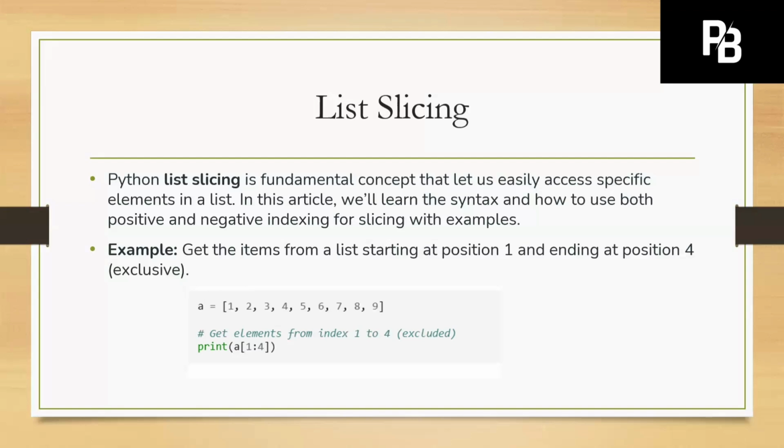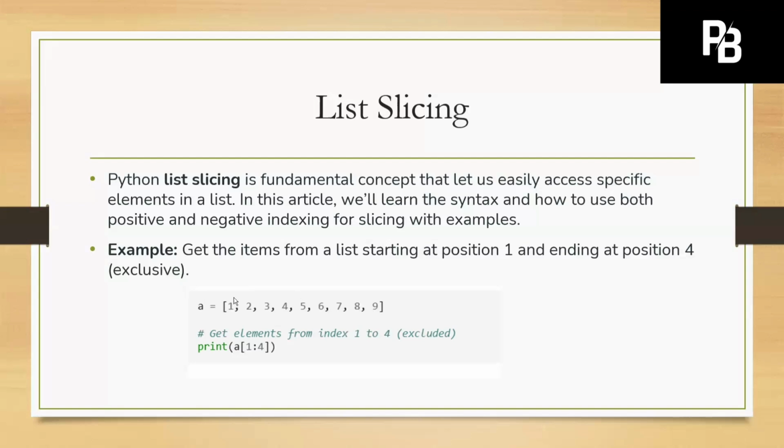Okay. As we have a list, every member of a list has its own position, its own index number. Suppose that this is my list. This is 0, 1, 2, 3, 4, 5, 6, 7, 8, the index numbers.